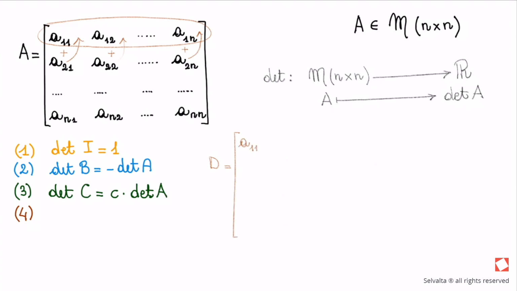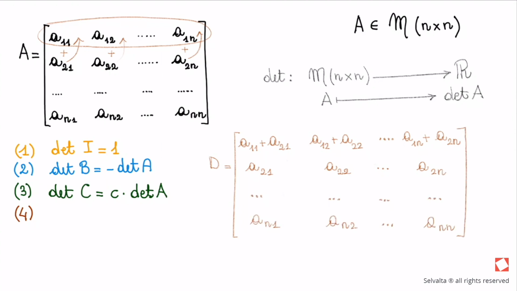Then D has in the first row the elements A11 plus A21, A12 plus A22, up to A1n plus A2n, while the other rows of D are identical to the corresponding rows of A. If one matrix has one row that is sum of 2 others, the determinant won't change. Then the property is that the determinant of A is equal to the determinant of D.